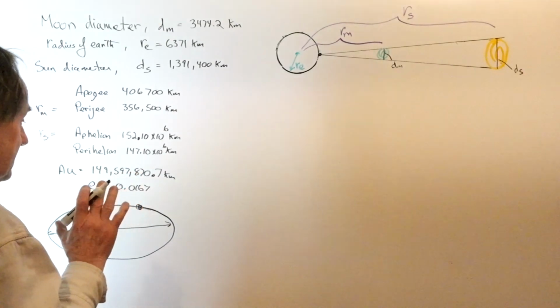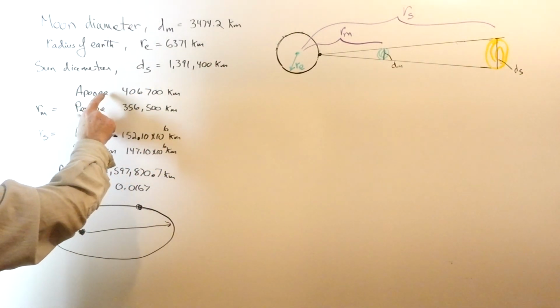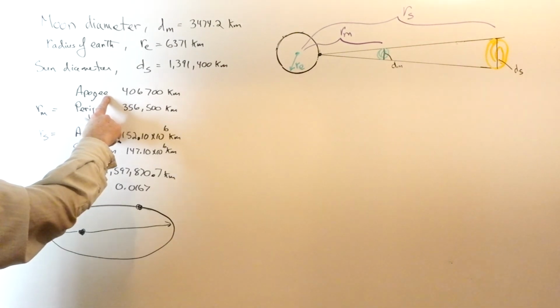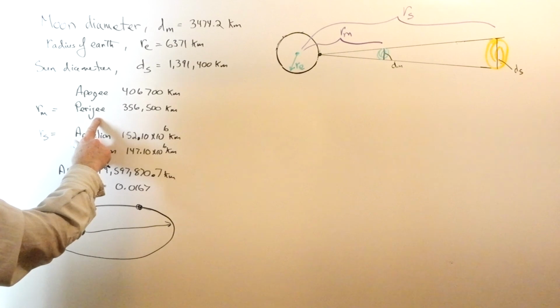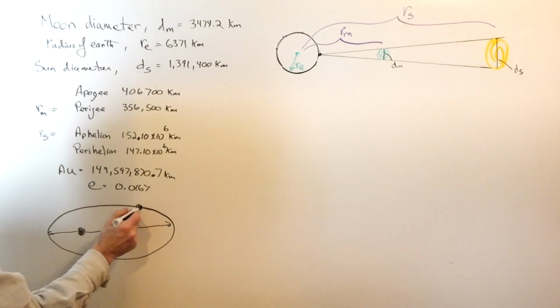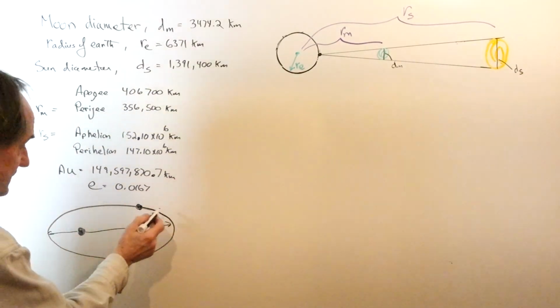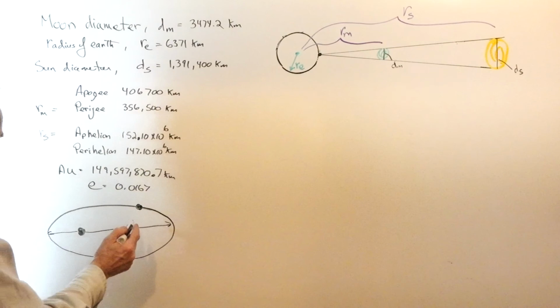But there are discrepancies. For the moon, the furthest distance that the moon is away from the Earth is called the apogee. The closest approach is called the perigee. So if we have the Earth sitting here and the moon orbiting, this is greatly exaggerated. The moon's orbit is almost perfectly circular.